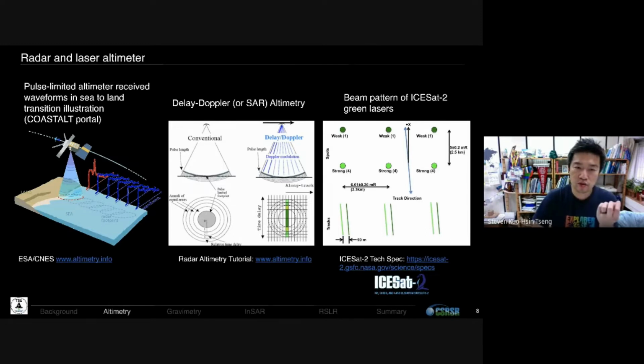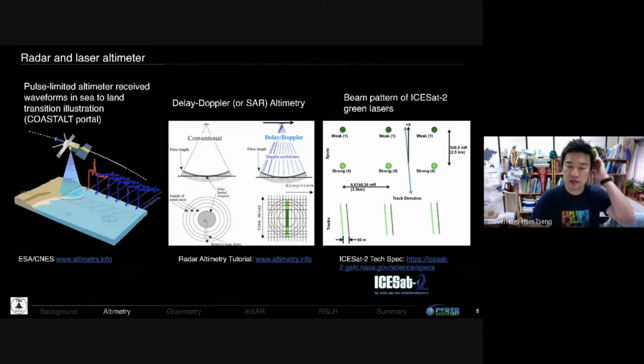When the satellite receives the signal, the frontward signal will have an increased frequency, and the signal bouncing backward to your along-track side will have a decreased frequency. So we can further decompose this return signal from different orientations by analyzing their frequency shift. So it's called the delay Doppler altimetry or SAR altimetry.